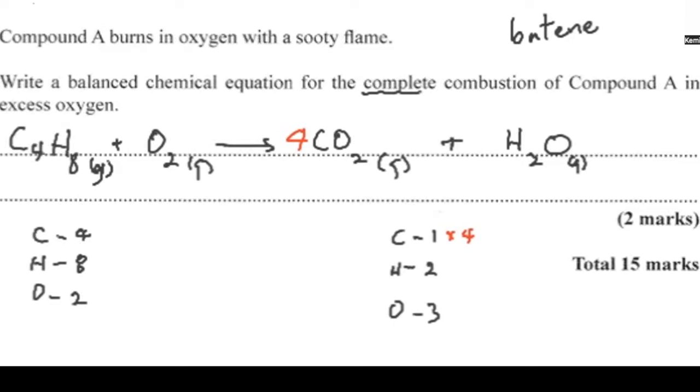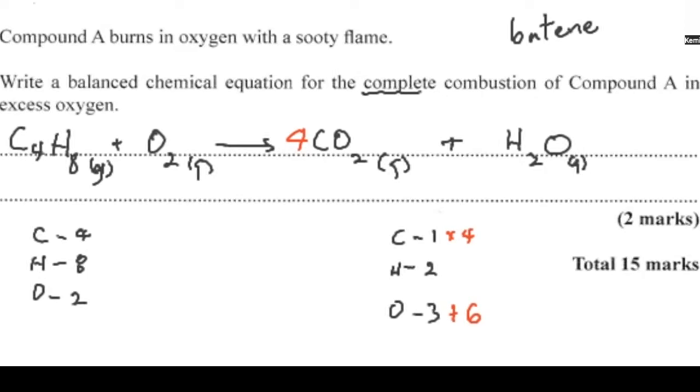So we've just added more than 2 oxygen, we've added 6, because it was 2 from the CO2 and now it's a total of 8 from the CO2. So that's plus 6 oxygen. Now we leave the oxygen for last.